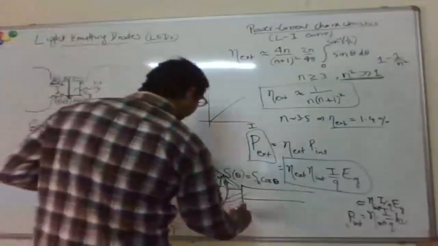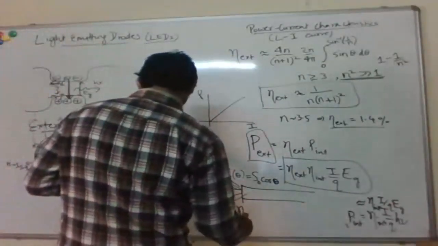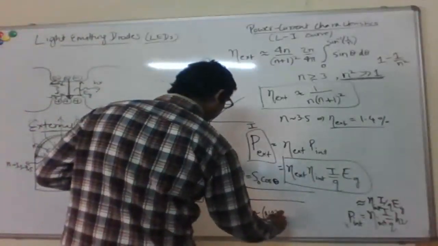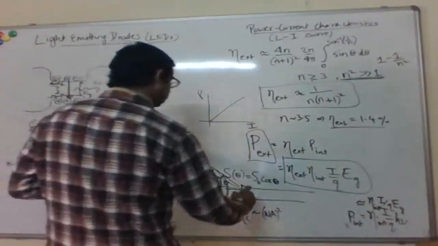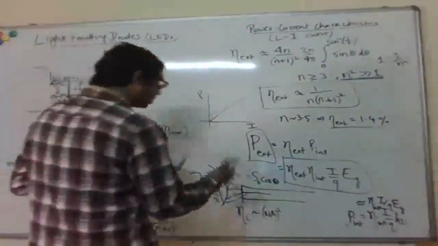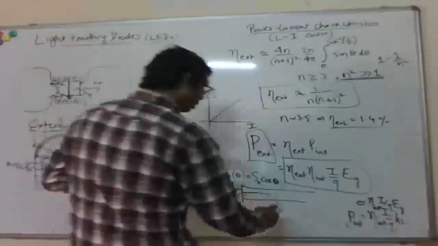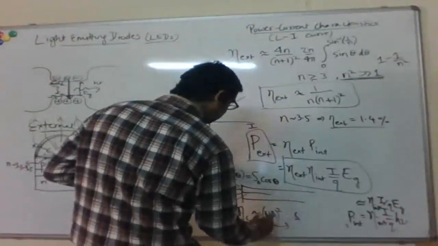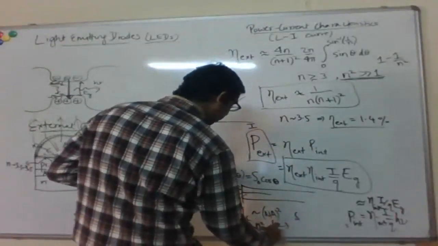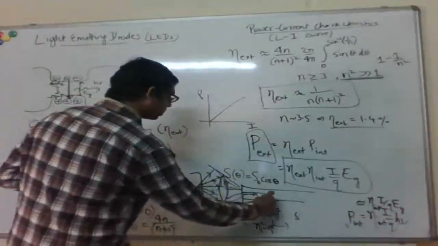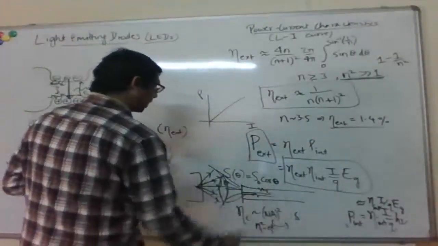Typically, the coupling efficiency that you get goes as the square of the numerical aperture of the fiber, for such a source. So numerical aperture, recall, was something like, the square of the numerical aperture would be n1 square minus n2 square, right? n1 is the core index, n2 is the cladding index.